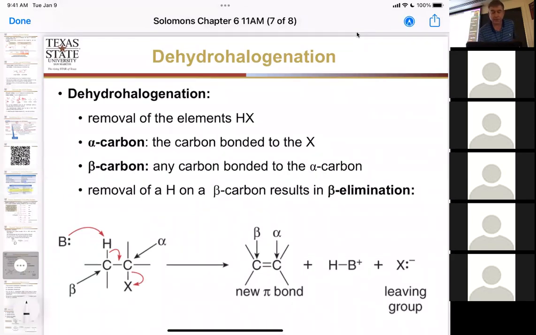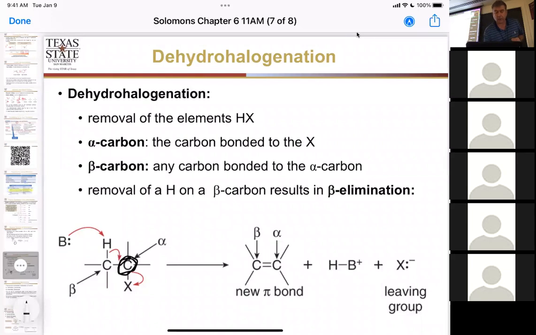Now, we have to define the carbon that has the halogen on it is what we call our alpha carbon, okay? Alpha carbon, it has the leaving group on it, okay? The other carbon is what we call our beta carbon, okay? That beta carbon is directly attached to it, adjacent to it, and it has to have a hydrogen on it for this reaction to work, okay?